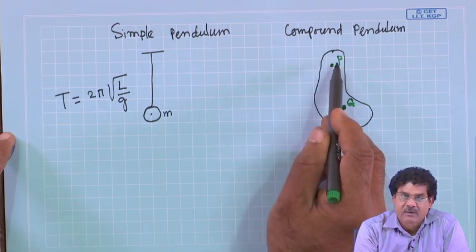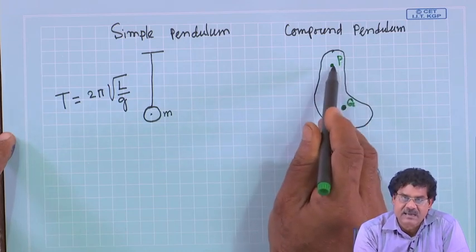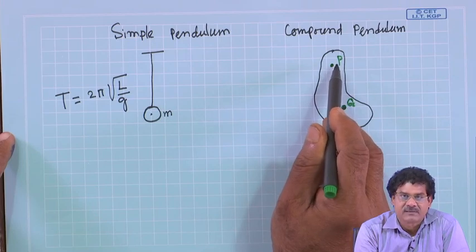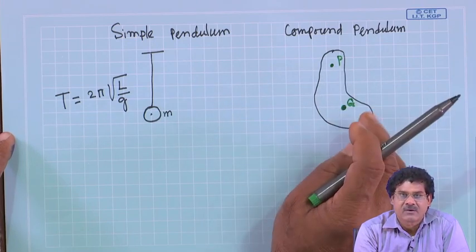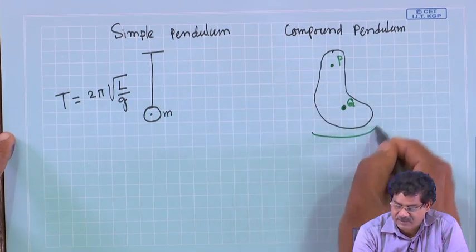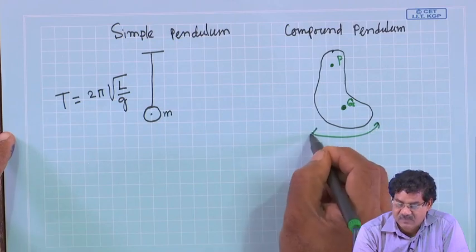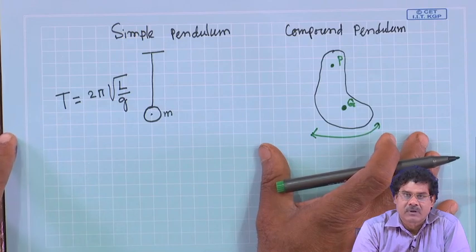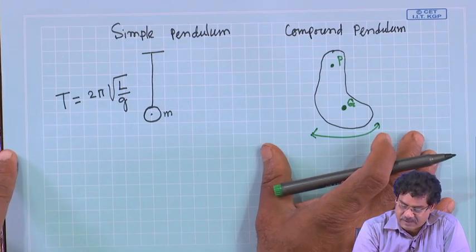With respect to this horizontal axis passing through P, this body can oscillate. Then we call this the simple compound pendulum, right.